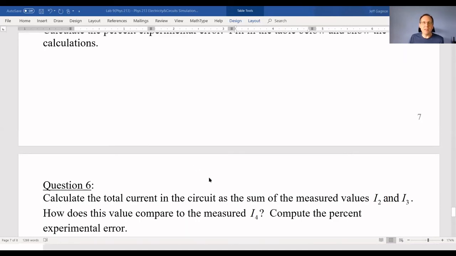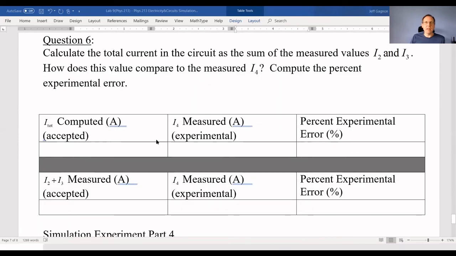And then question 6 is calculate the total current in the circuit as the sum of the measured values I2 and I3. Remember that I2 was the current going through the first resistor, right? And then I3 was the current going through the second resistor. And at a node, whatever current goes into that node must be going out.